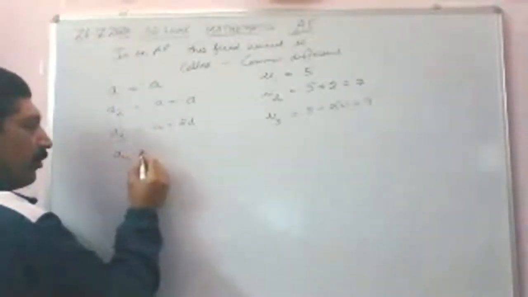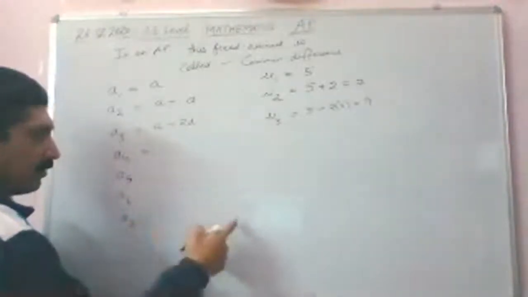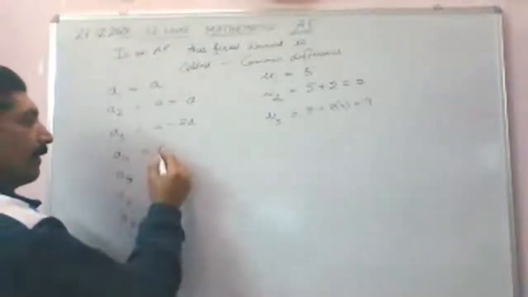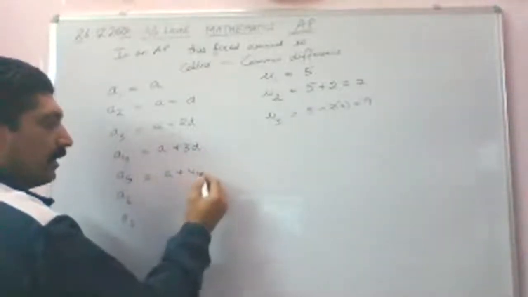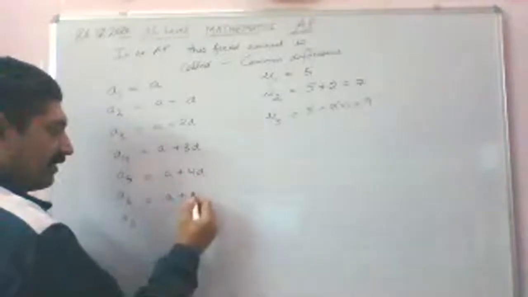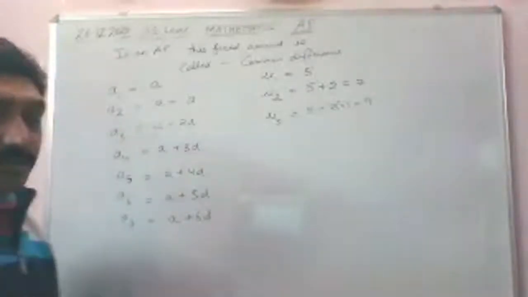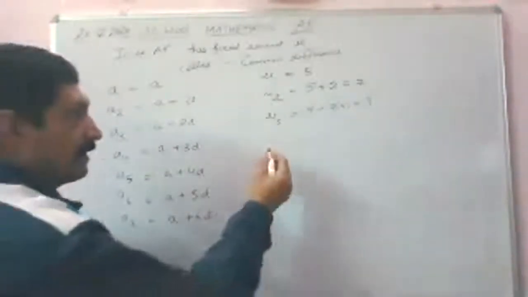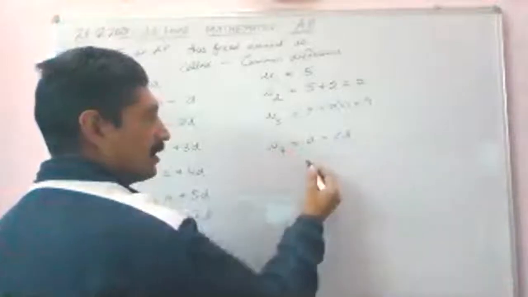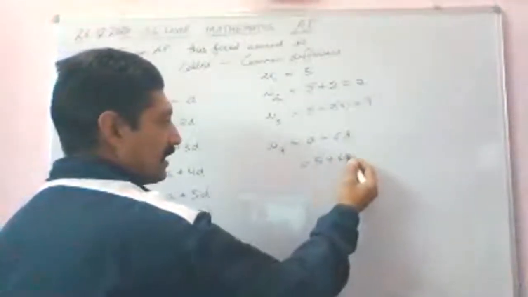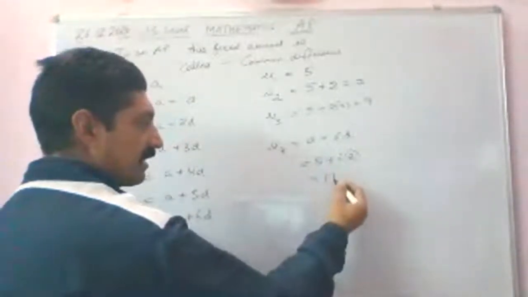Same for a4, a5, a6, a7, and even up to the nth term of the AP: a plus 3d, a plus 4d, a plus 5d, and what is the seventh term? A plus 6d. One number is less, so we can reduce the formula here. So the seventh term, u7, is equal to a plus 6d. What is a? A is 5, d is 2, so the seventh term of this AP is 12 plus 5, that is 17, right?